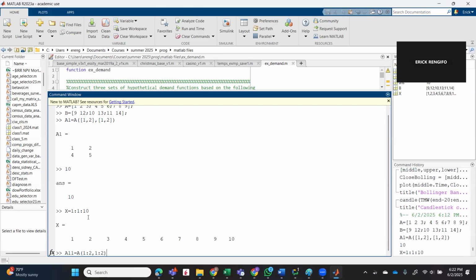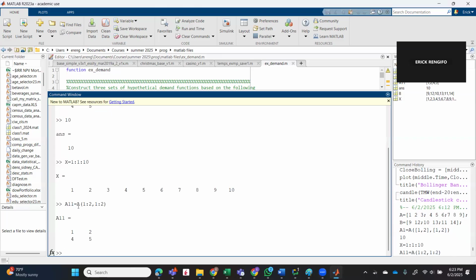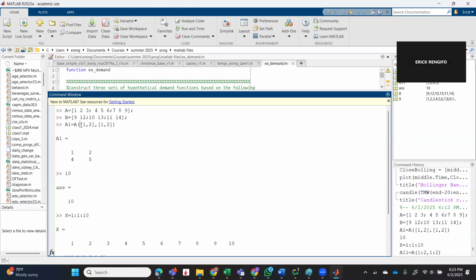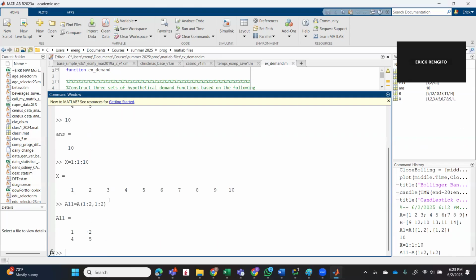So when I was doing this, what I was telling is, take from A 1 to 2. So this is 1 and 2, and 1 and 2. We get exactly the same using sequences. So this notation is a matrix notation, is good. You can also do this with a sequence. Of course, a sequence works if and only if you have consecutive numbers, or if you want to take the first, the third, the fifth, etc. So you can change this. Make sense to everyone?